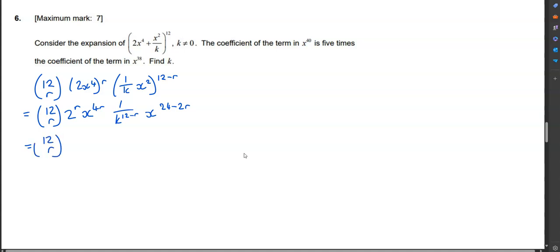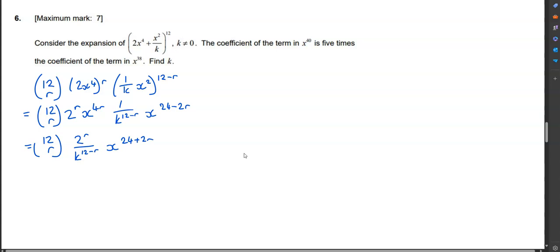Then we've got 2 to the r over k to the 12 minus r, and when we multiply the x's together, we have 24 plus 2r.